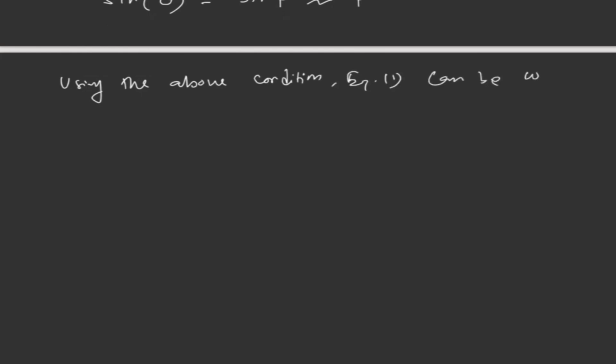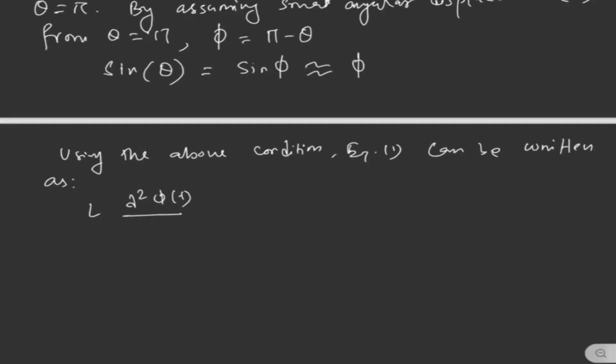So now what we'll do is, using the above condition, equation 1 can be written as L d square phi of t. Now we are representing the system in terms of phi.